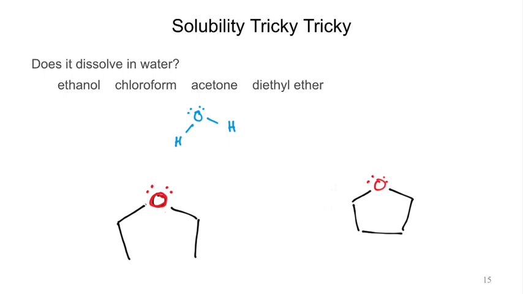Fast motions due to the sigma bond rotation, slow motions due to molecular vibrations. That changes how the molecules interact with each other. That's why we see differences in solubility. So we get our first baseline with intermolecular forces. I just don't want you to run through life saying, oh, it's always intermolecular forces. They're really important, but there's a lot of other factors that can contribute that kind of take some of that away.